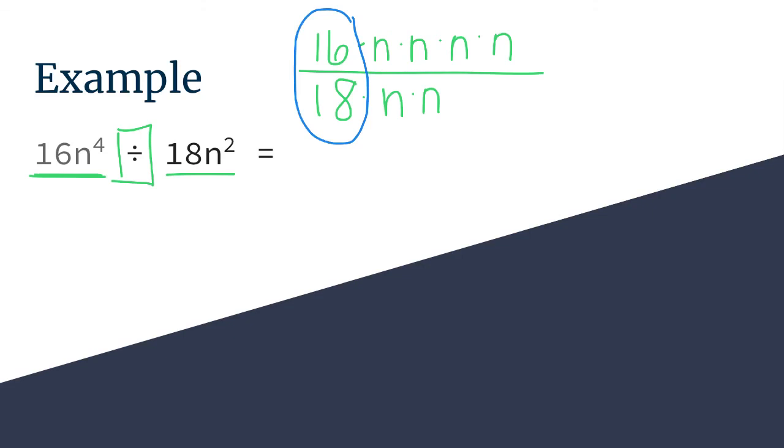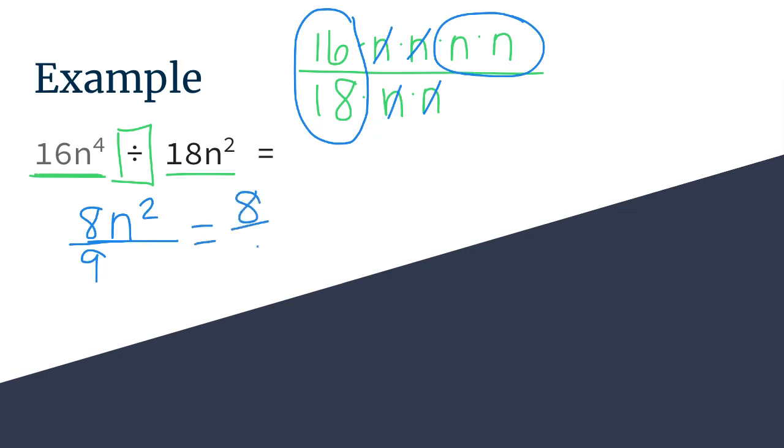So if I do that, I come up with 8 over 9. And then I can start canceling. N on top, N on the bottom, N on top, N on the bottom. And I'm left with 2 n's on top. So I'm just going to extend my fraction bar. My answer could look like this, or it's totally okay to have your answer look like this. Either one is fine. That's as far as I can go until I know what my variables stand for.